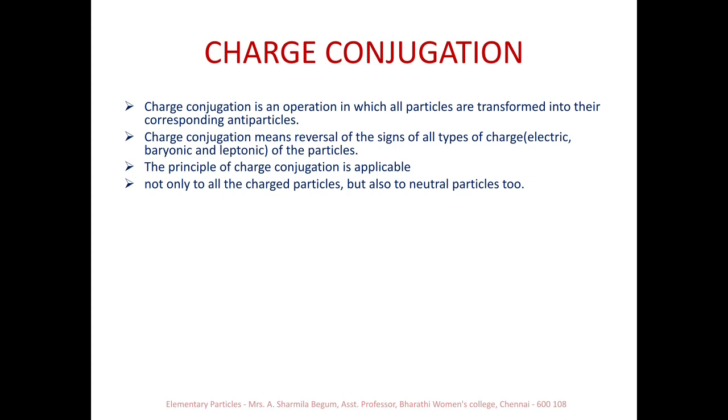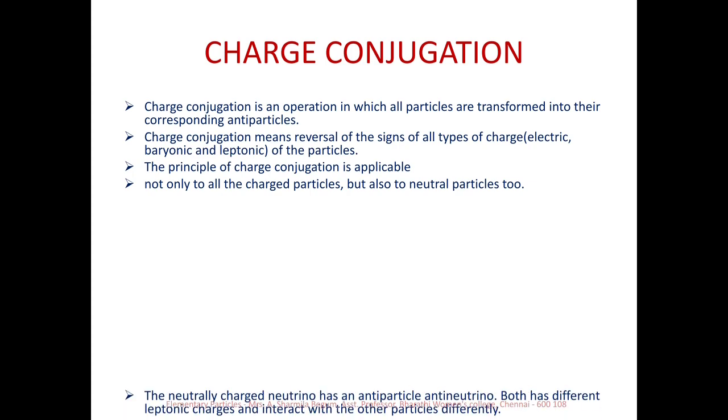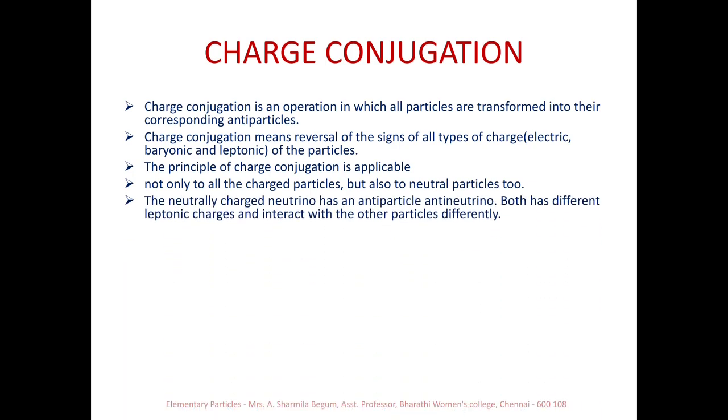This principle of charge conjugation is applicable not only to all the charged particles but also to the neutral particles. We have many neutral particles. One perfect example is the neutrino. The neutral neutrino has an antiparticle, the antineutrino. Both neutrino and antineutrino carry no electric charge, but they have different leptonic charges.